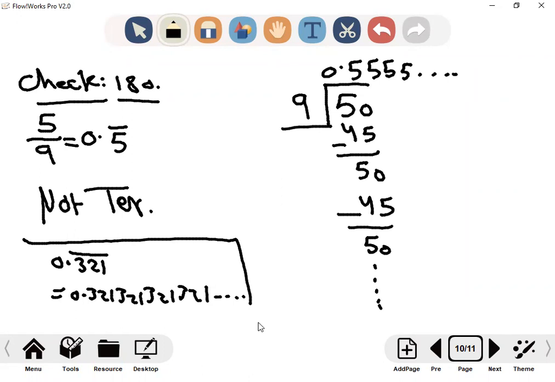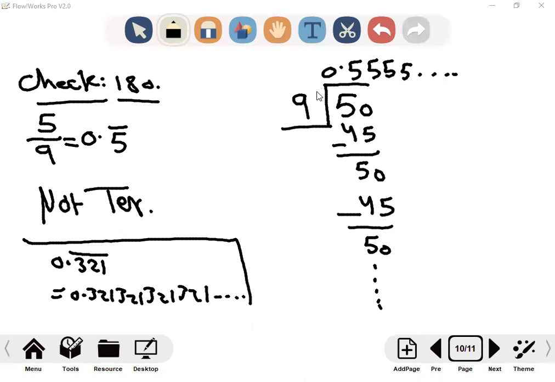Use your hand and pencil and paper. Don't do the long division here. Use your copybook, make the division and put the answer. Don't forget to tell if it's terminating or not.